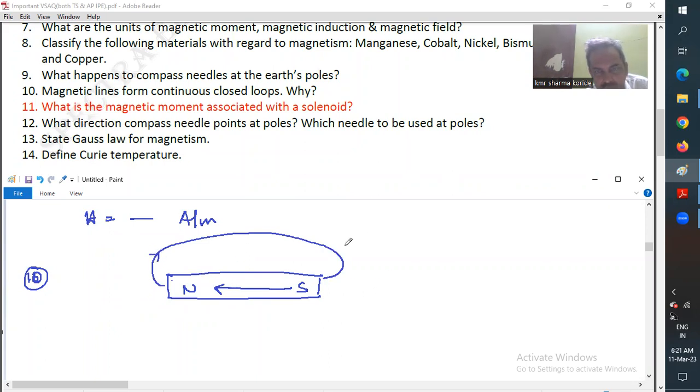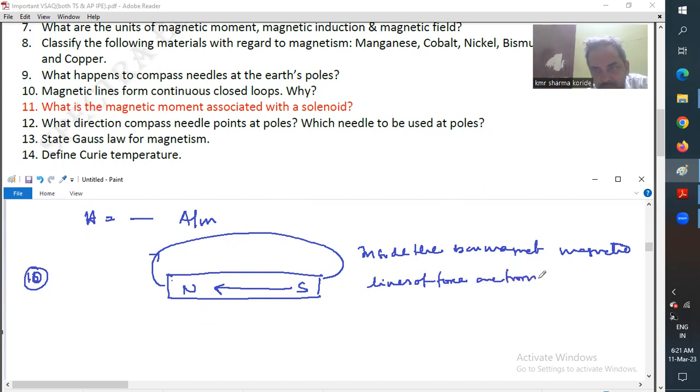So what you can write is: inside the bar magnet, magnetic lines of force are from south to north, but outside they are from north to south. So hence these are called closed loops.